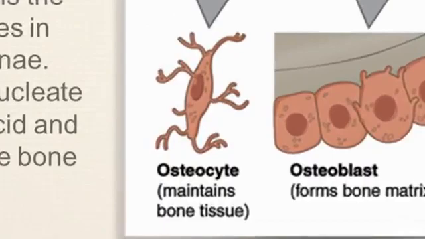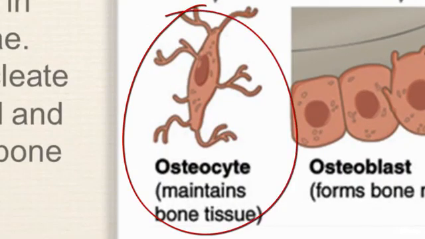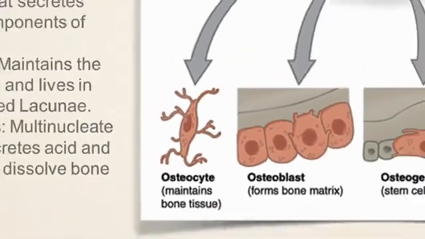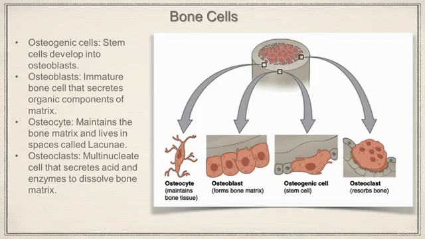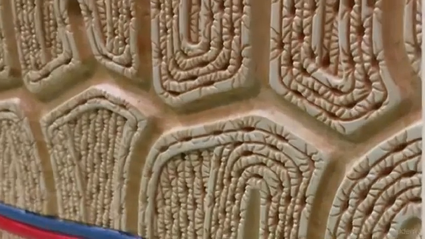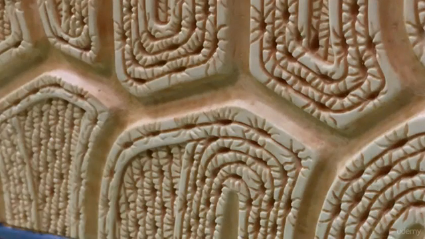And then osteocytes, which are the mature osteoblasts, they maintain the bone matrix and they live in little spaces called lacunae. If you remember when we looked at the osteon, it looked like it had little dished out areas with little legs on it. They look like ants crawling all over the place.